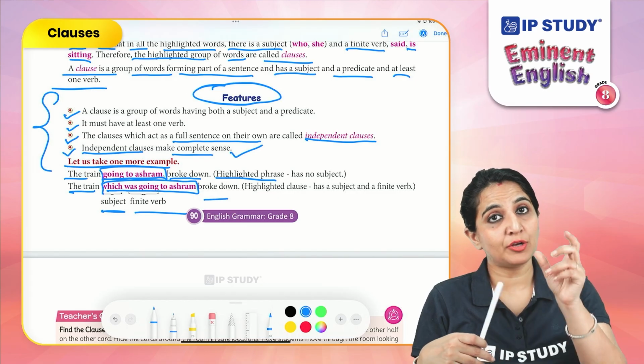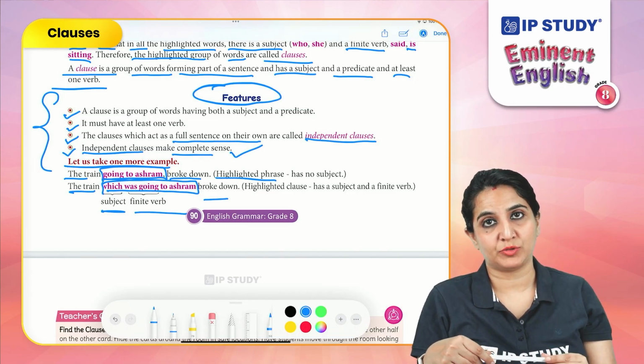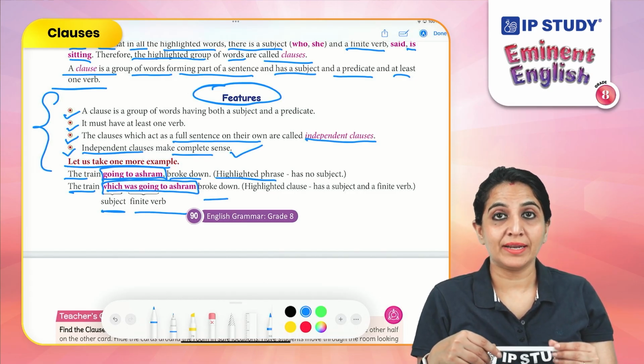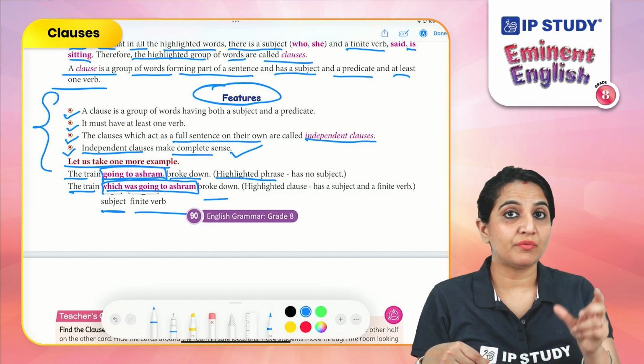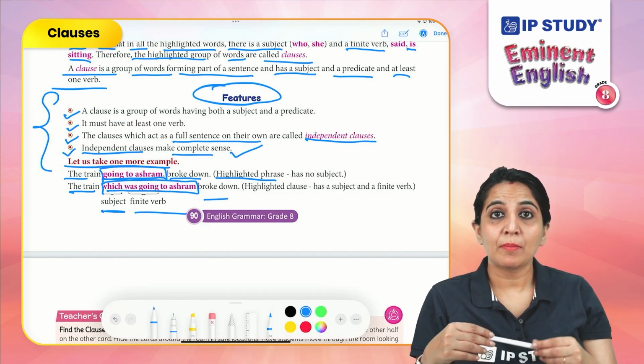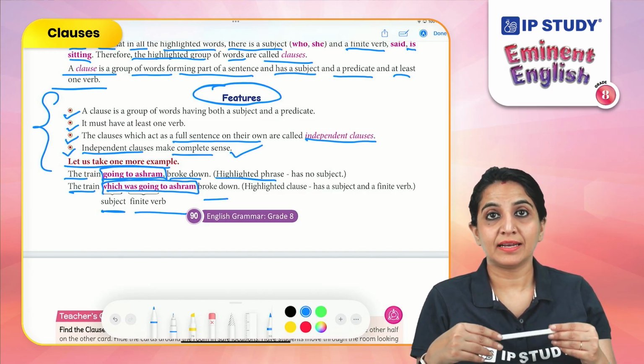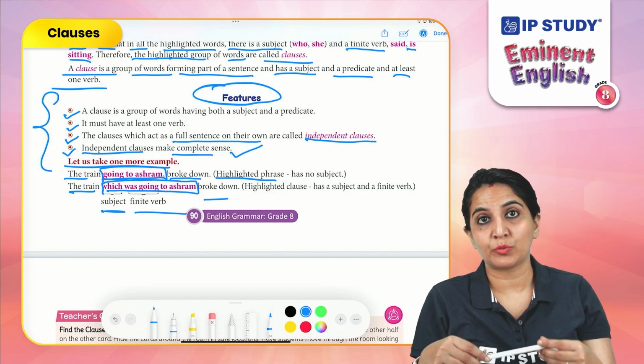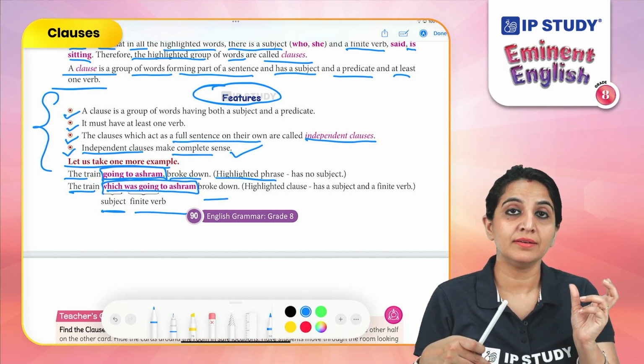Therefore, when a group of words does not have a subject, it is called a phrase. But when the group of words has parts just like a sentence, like a subject and a finite verb, that is called a clause.